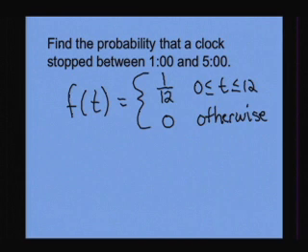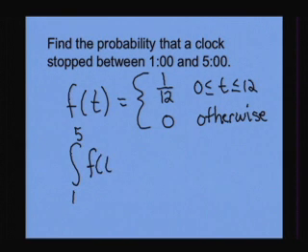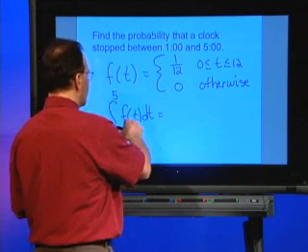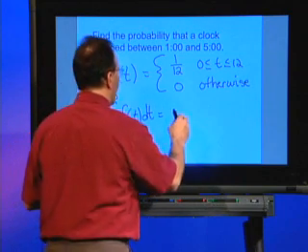And our integral that we're interested in is the integral from 1 to 5 of f of t dt. Well, in this particular case, we know that we have 4 intervals, 1 to 2, 2 to 3, 3 to 4, and 4 to 5.